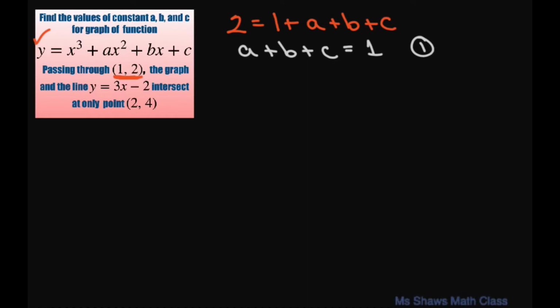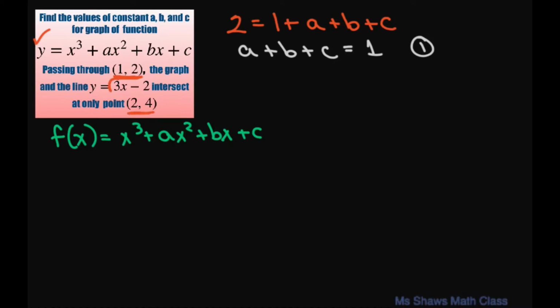All right. Also, I can rewrite my y as f of x, and this is where your calculus comes in. It passes through the point (1, 2), and the graph and the line y equals 3x minus 2 intersect at this point.